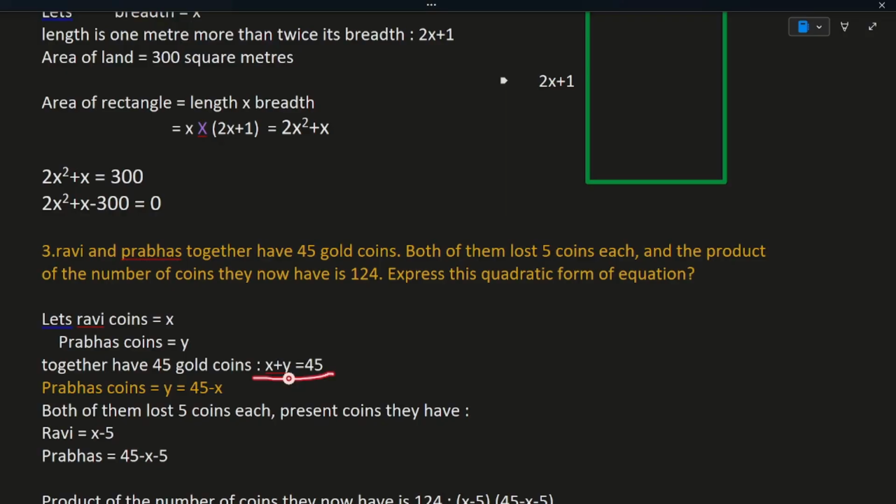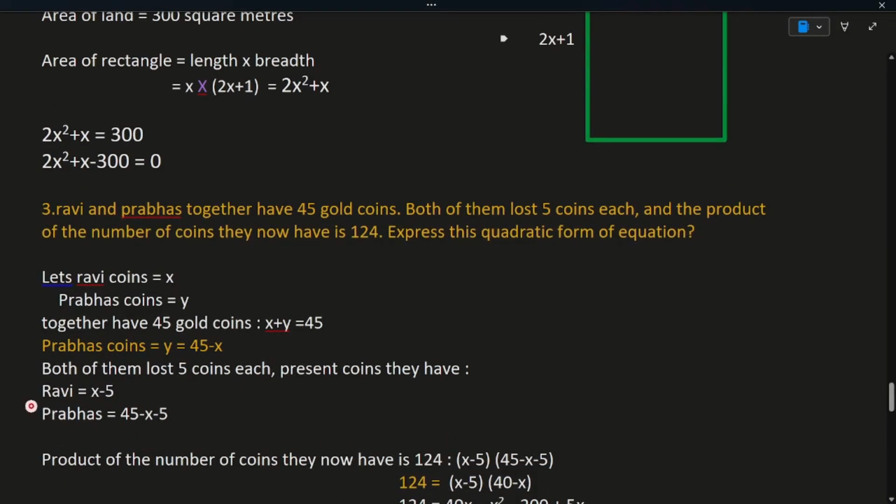Then y became 45 minus x, because plus x became minus x after going to the right side. So this is the Prabhas number of coins, and this is the Ravi number of coins. According to the question, both of them lost 5 coins each. Prabhas lost 5 coins and Ravi also lost 5 coins.